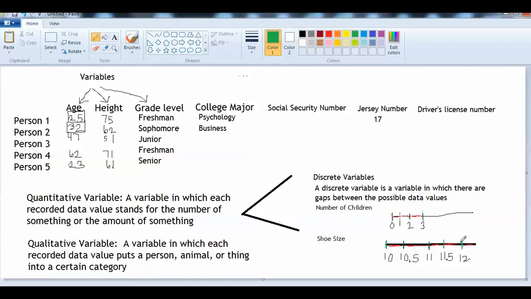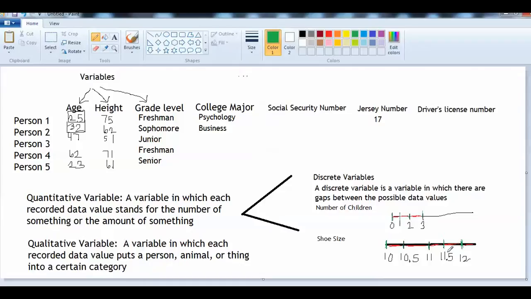And we'll talk about a couple more examples. If you're asking people, how much milk do you buy each time you go to the store? A person might say, I buy 10 gallons of milk, or I buy 10.5 gallons.